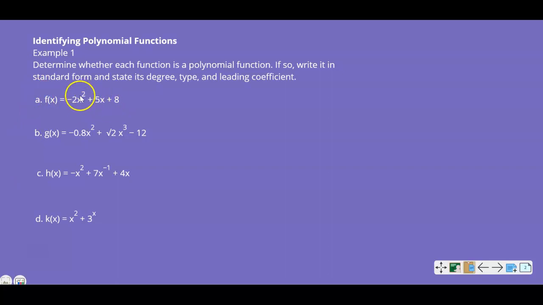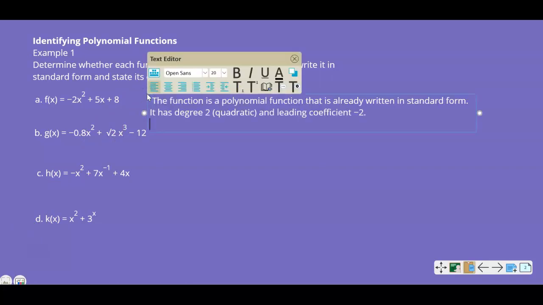So we can see that the exponents go in descending order, so we know that this one is already in standard form, and its degree is 2, which means this is a quadratic function, and the leading coefficient is negative 2. And where it says type, that would be a quadratic. All right, so for A part, let's go ahead and put this down.